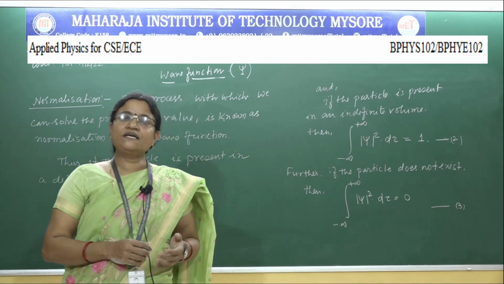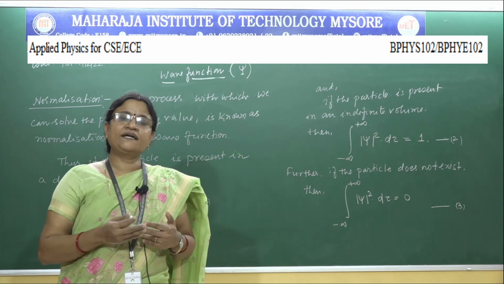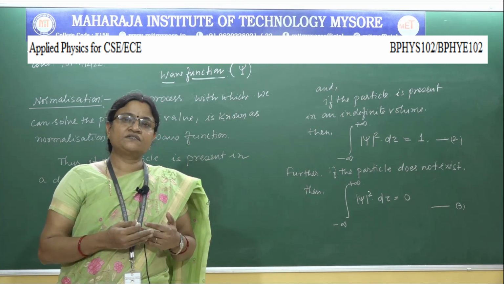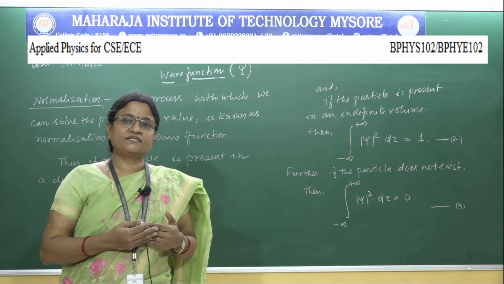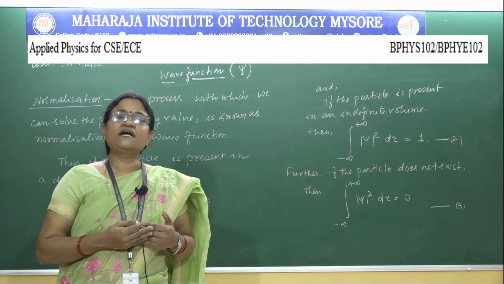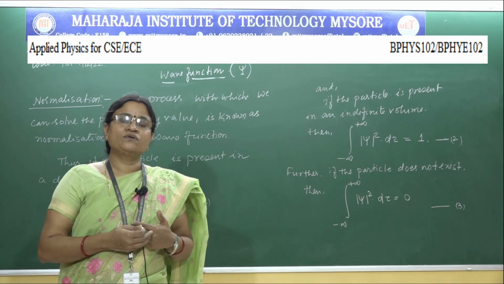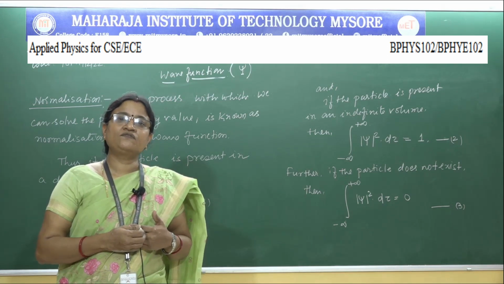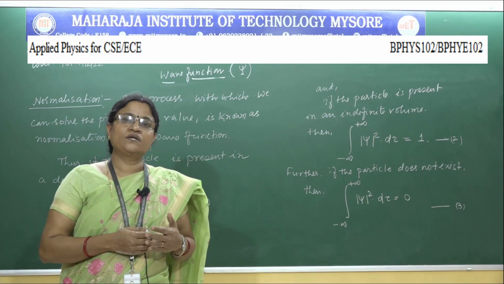So, in the normalization process, to find the probability value, we integrate the wave function in the limit where the particle is present. And if the particle is present in a particular volume, then within the limit, the normalization of the wave function will be equal to 1.